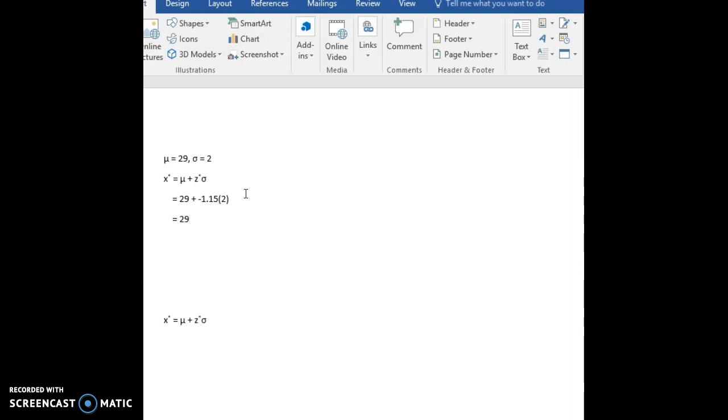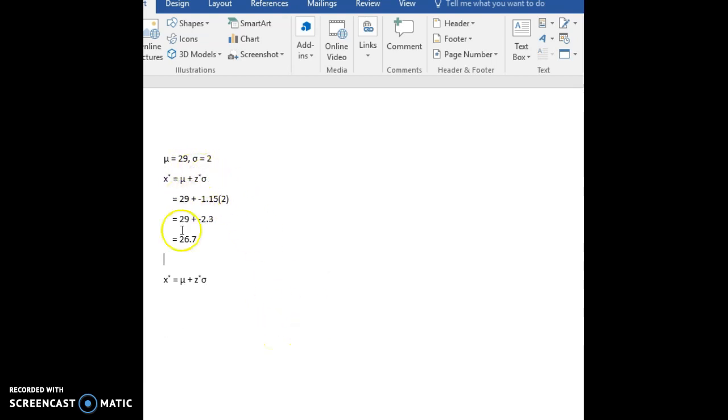That is 29 plus negative 1.15 times 2, which is going to give us negative 2.3. And now if we add those two, our first value is 26.7.